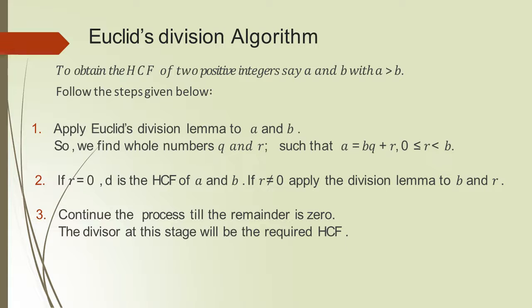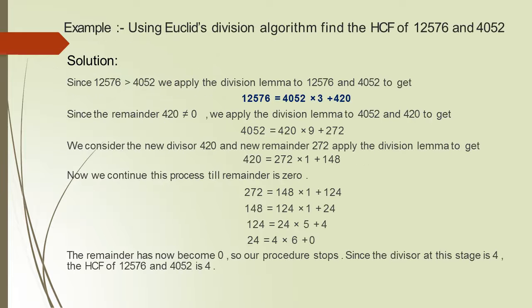Until the remainder becomes 0, we keep our division on. We can use the rough column to divide. As soon as the remainder becomes 0, the value of b becomes the HCF. That means the divisor is the HCF as soon as the remainder becomes 0.